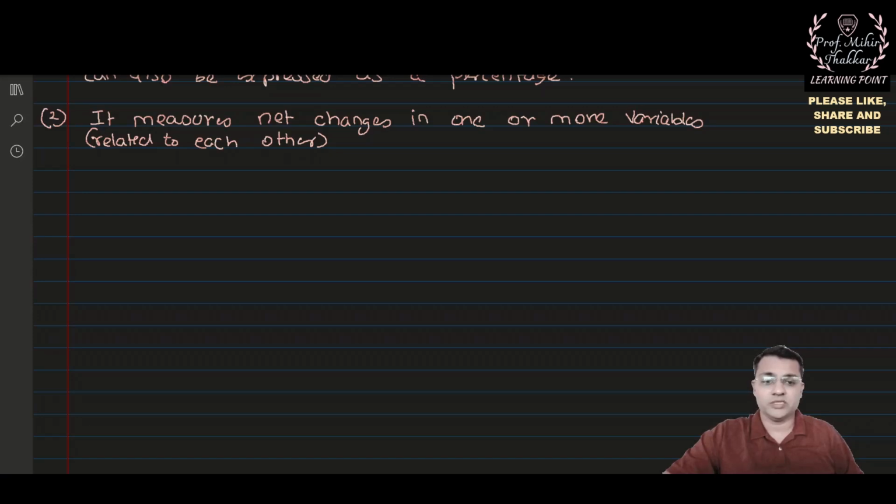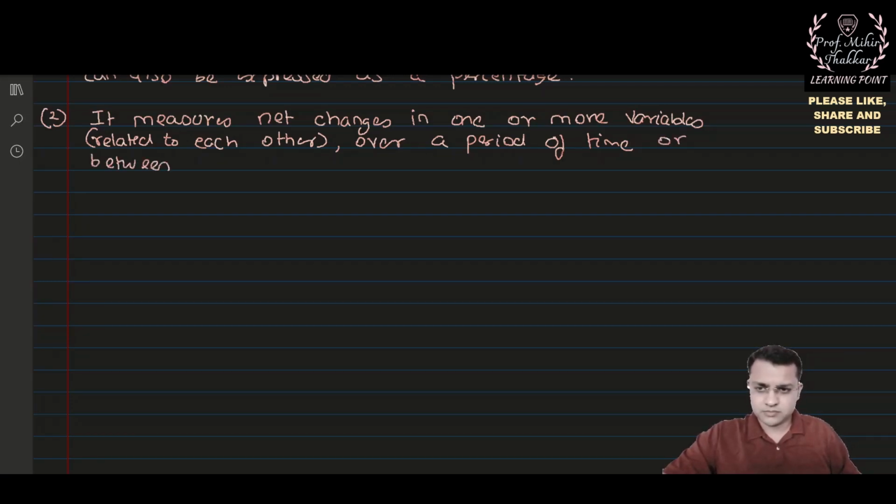So when I want to measure the variations in the price and demand of a commodity, I can take help of this particular statistical method, over a period of time, or between two different time periods, or two different areas.